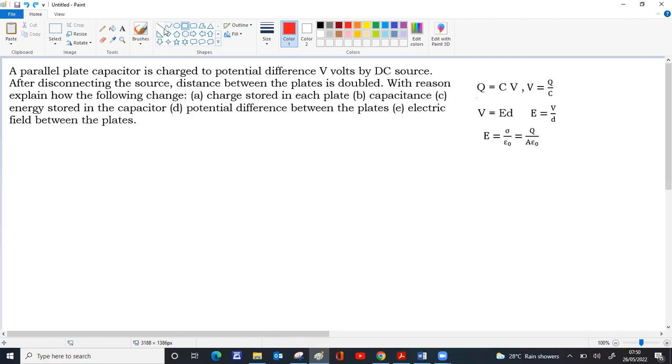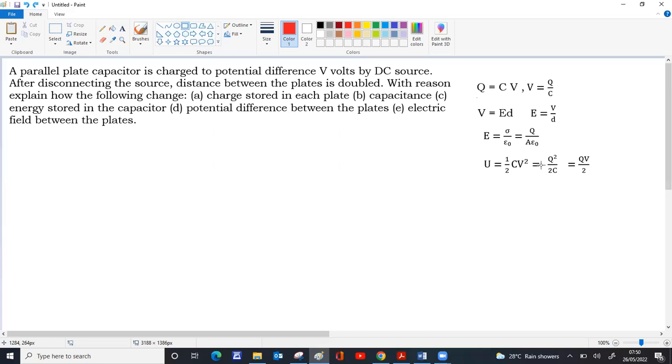In the same way, when you find energy for a capacitor, we have three options: half CV square, Q square by 2C, and Q into V by 2. When there are multiple options for one particular quantity like V, E or U, the equation to be selected is always the one with the maximum number of constants.